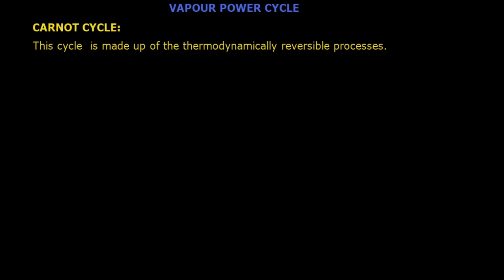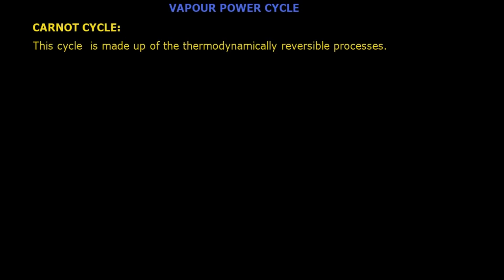The first on the list is the Carnot cycle. We are going to look at the processes involved in the Carnot cycle and how to tackle questions based on the processes. So what is a Carnot cycle?